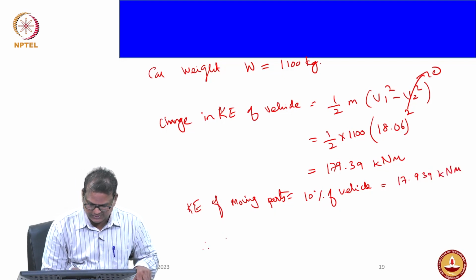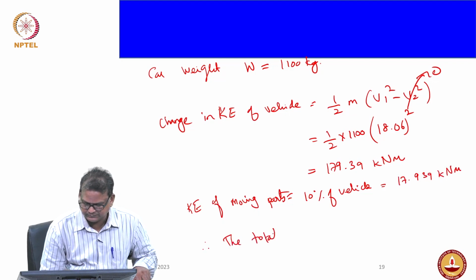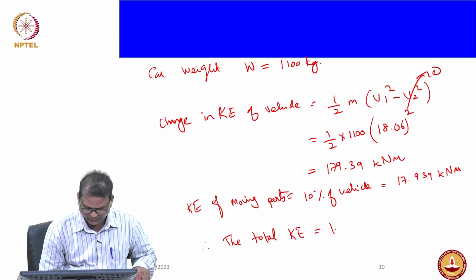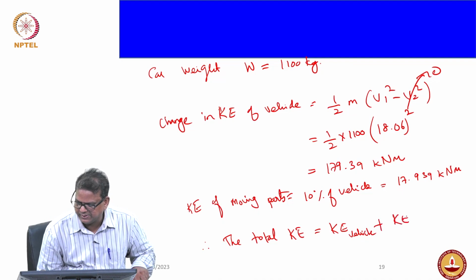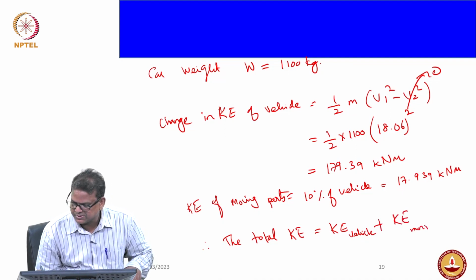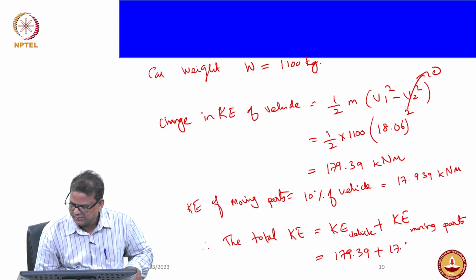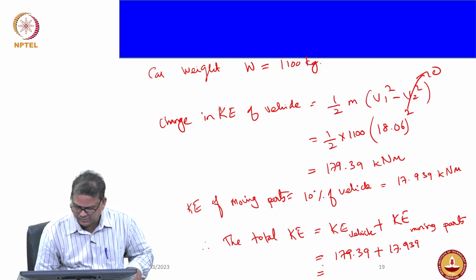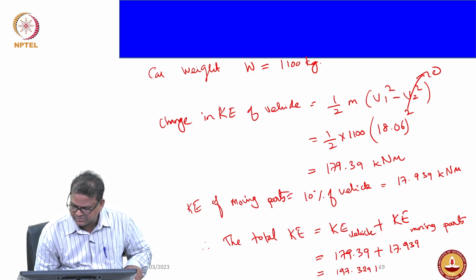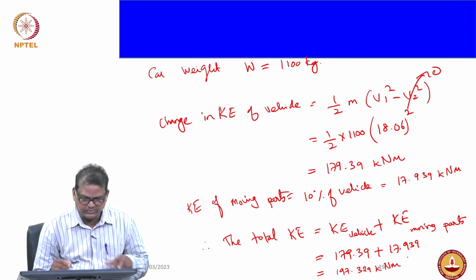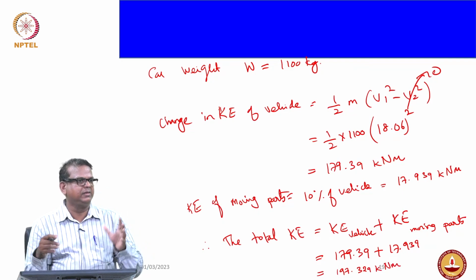Then the total kinetic energy is the kinetic energy of the vehicle plus the kinetic energy of your moving parts: 179.39 plus 17.939. I should expect 197.329 kilonewton meter. This is the total kinetic energy of the entire vehicle.